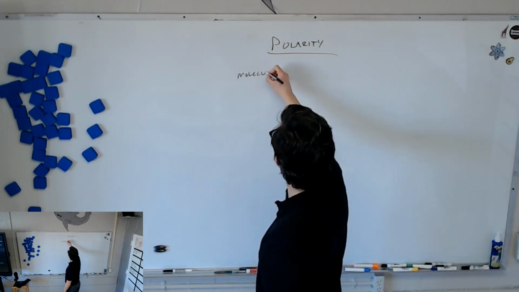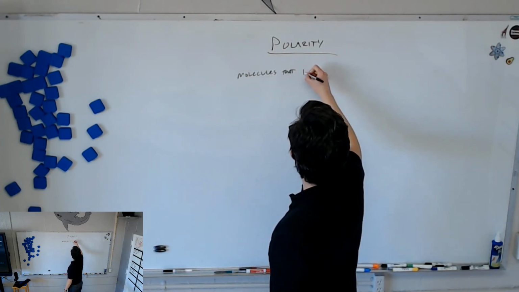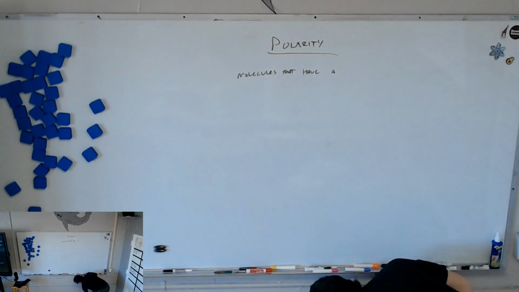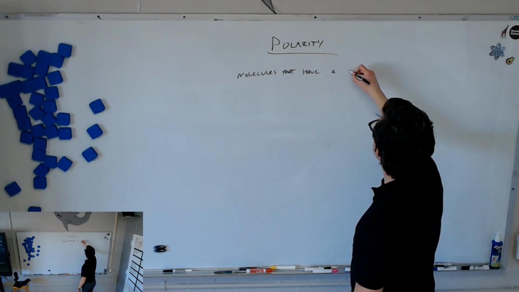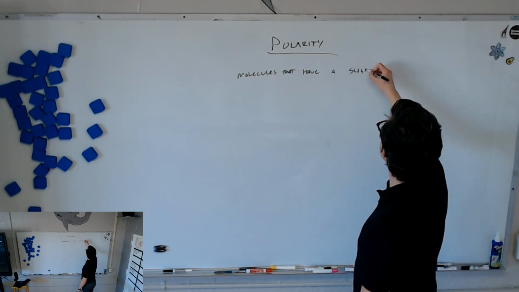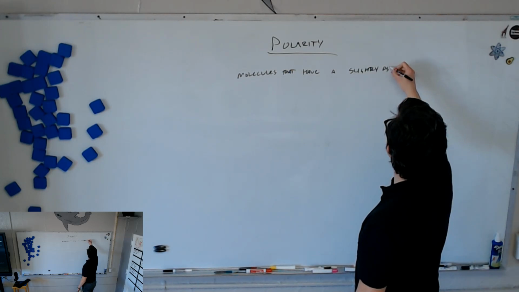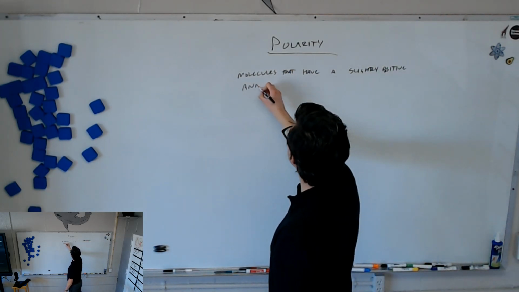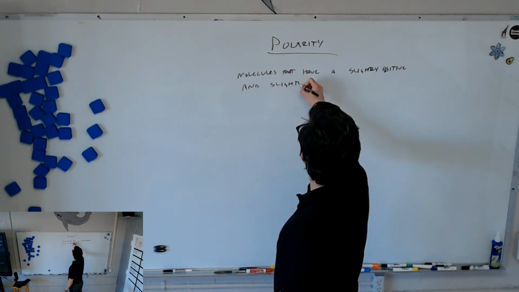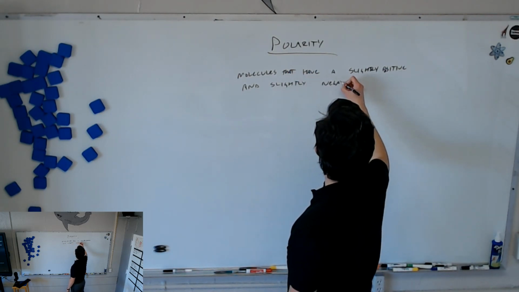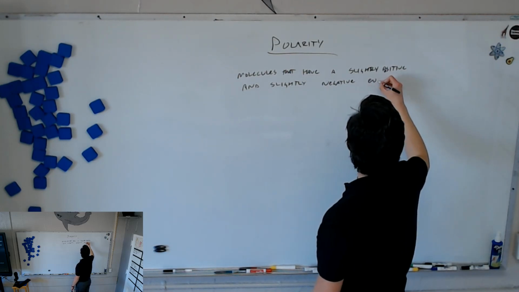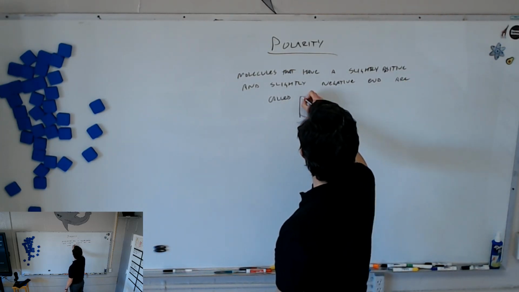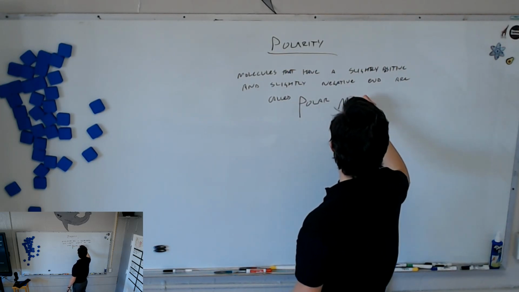Molecules that have a slightly positive and slightly negative end are called polar molecules.